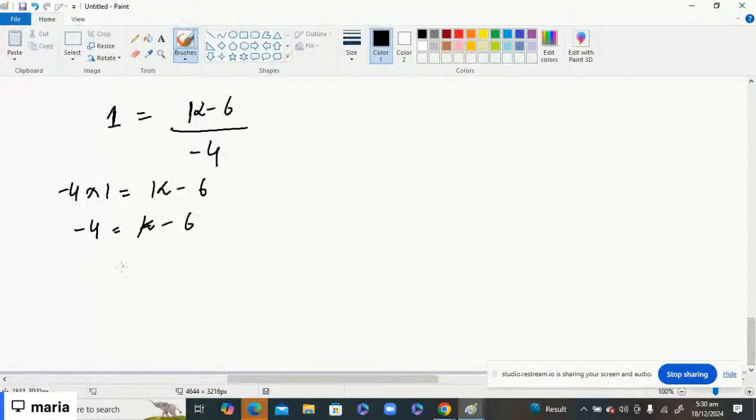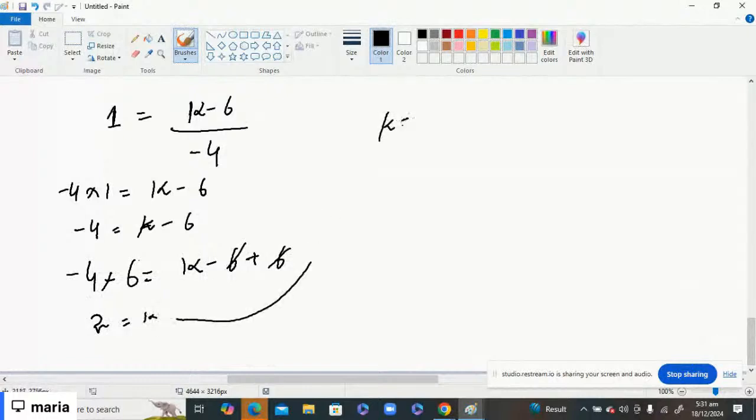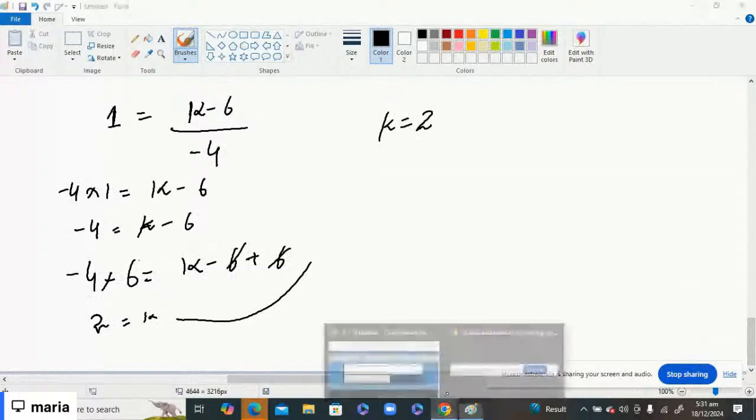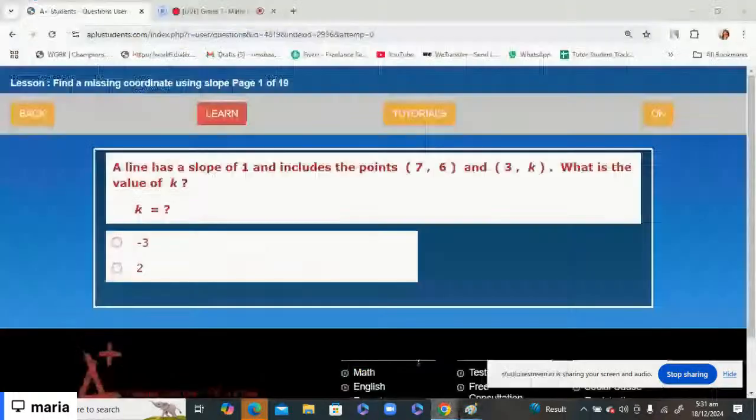So minus 4 equals k minus 6. Minus 4 plus 6, k minus 6 plus 6. So minus 4 plus 6 is 2. So your value of k is 2. Let's see, yes, this is 2, that is given here. So let's go with it.